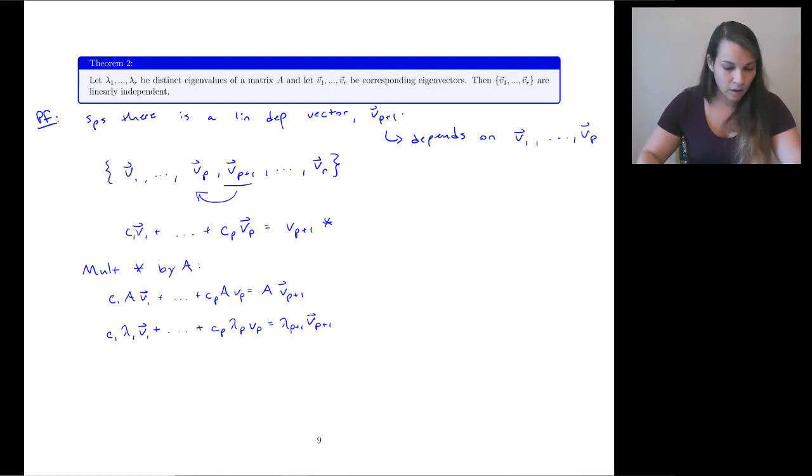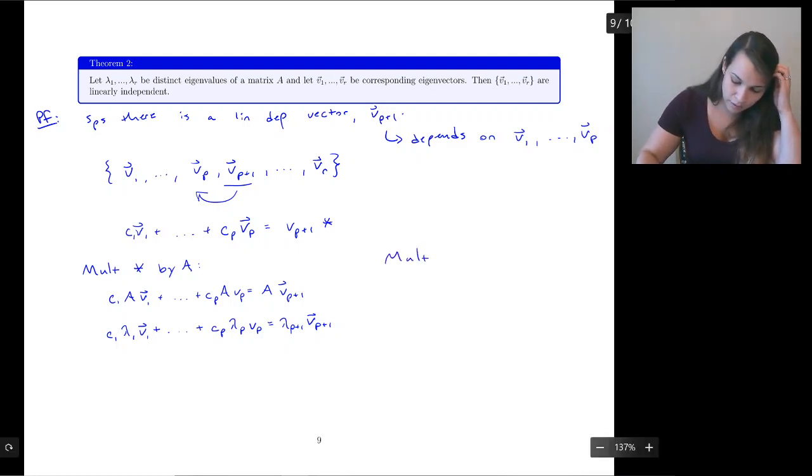Okay. What I'm also going to do is multiply that star equation by lambda p plus 1. And that's going to give me a different equation.